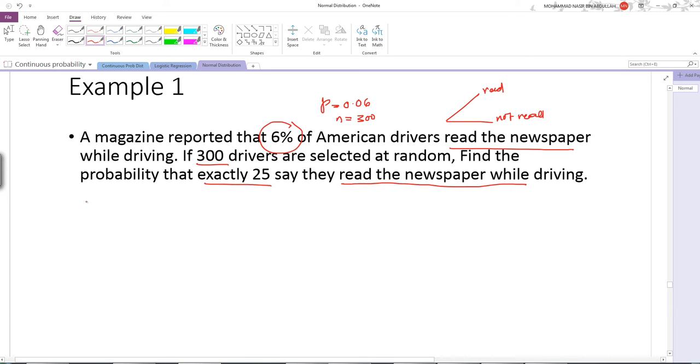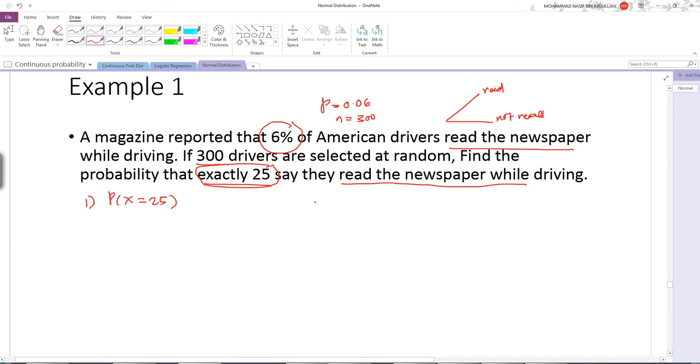So let's put the notation of probability first. Let's say the probability of x is equal to 25, right?